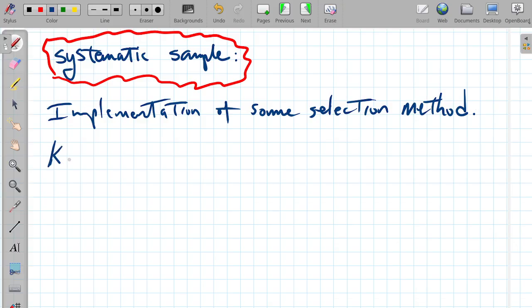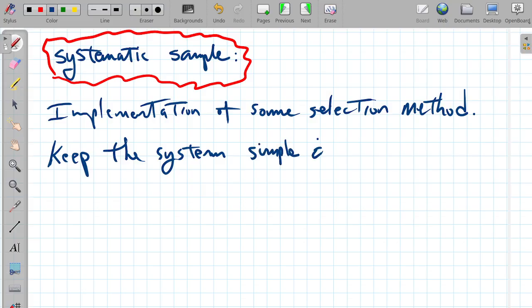So even though you have a system, keep the system easy to understand, because if something goes wrong with your sampling and it's not working the way you thought it should, if you have a complicated system, it's going to be a lot harder to figure out where it went wrong. So keep the system simple, or at least keep it understandable. That's a good word. We'll use that. Understandable as well.